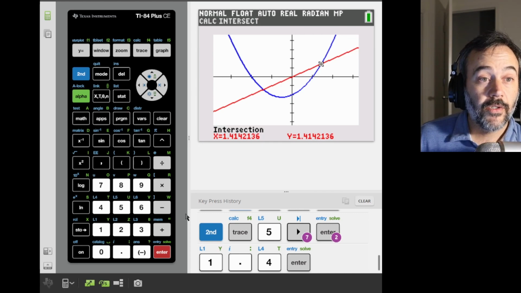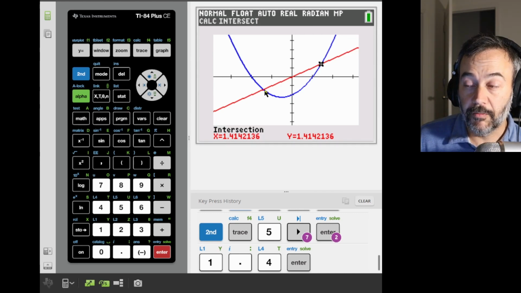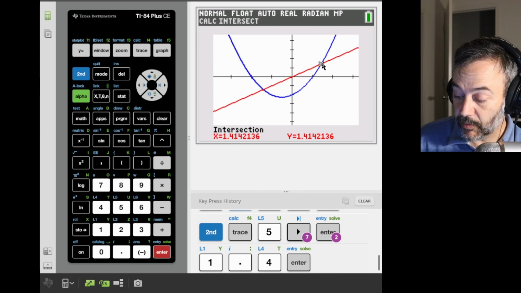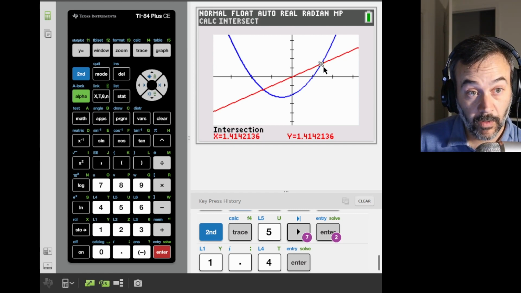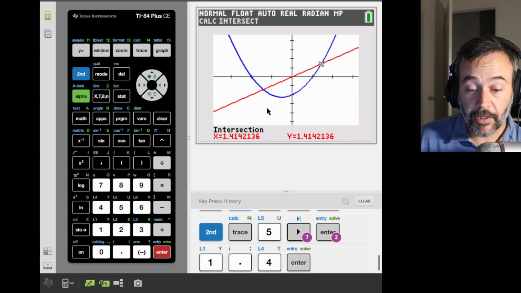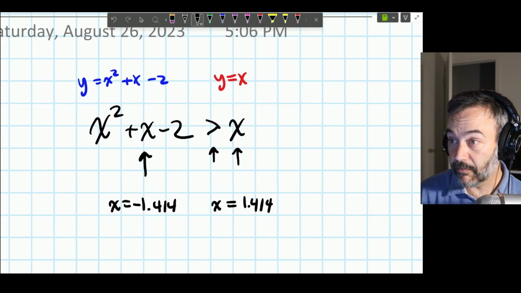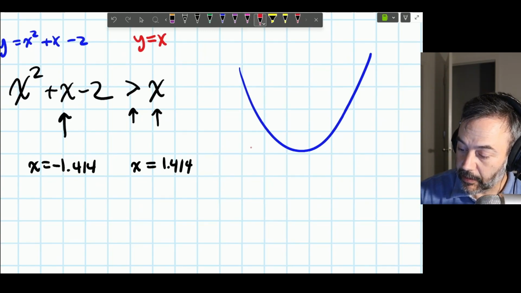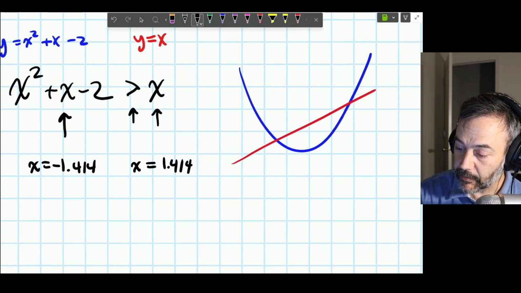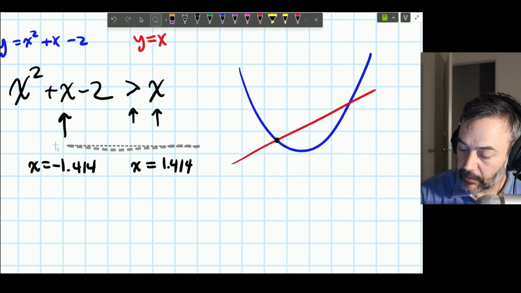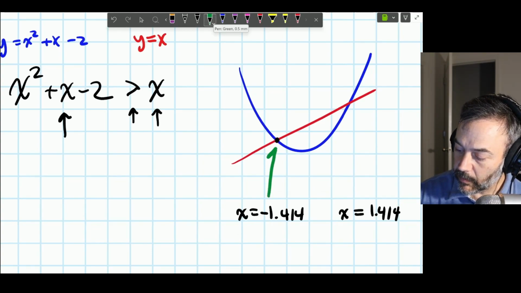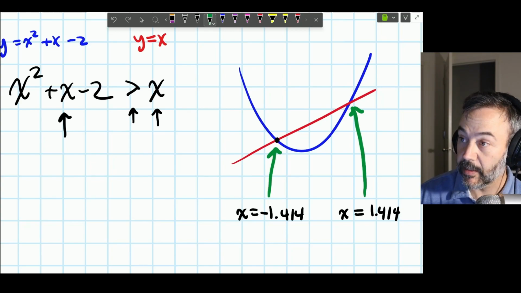Okay. So the x value of the left intersection point is negative 1.414, and the x-coordinate of the right intersection point is 1.414. So I can actually go back to here, and I've written those down. The parabola was like this, the linear was like this, and the x values that we found were, this is the x value for this, and this is the x value for this.